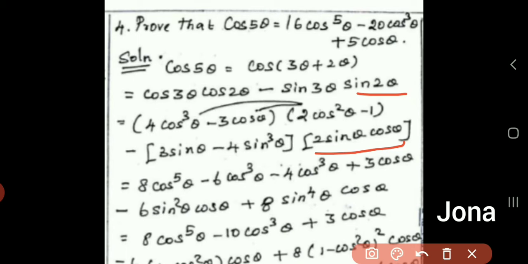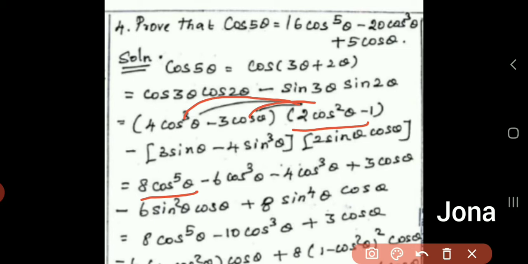Okay, and then we want to remove the brackets. So if we want to remove the brackets, we have to multiply each and every factor here. So now I want to multiply this 2 cos^2 θ along with these two terms. So the first term can be written as 8 cos^5 θ minus 6 cos^3 θ.